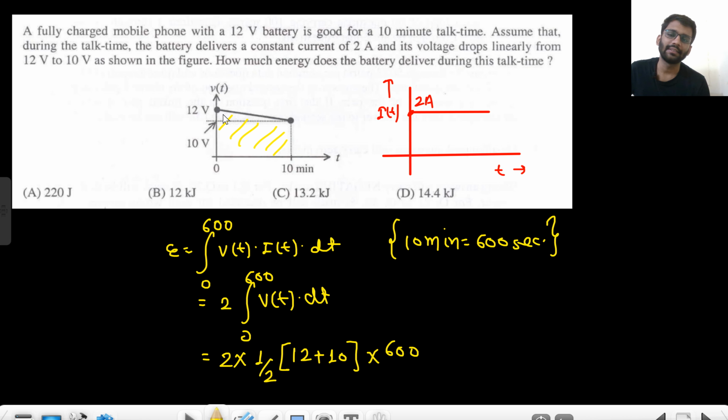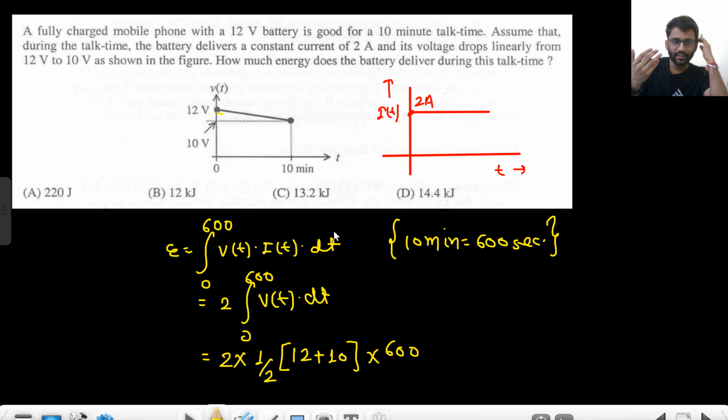Or you can think that this is a triangle, and this is not a square, this is a, what do we call it, rectangle. Okay, this is a rectangle and this is a triangle. So triangle plus rectangle also you can do, or you can do like this, what we call the trapezium.